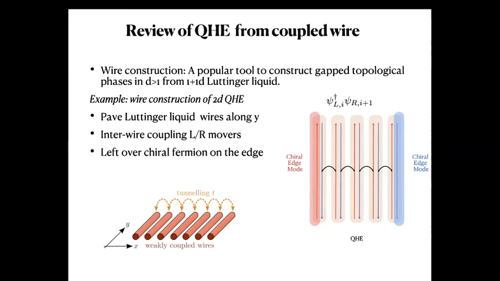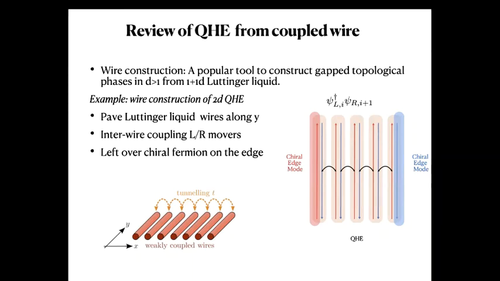So imagine we have a set of Luttinger liquids and we align them along the x direction. For each 1D Luttinger liquid, we can decompose it into left and right moving modes. And all we need to do is, for the left moving mode on the first row and the right moving mode on the second row, we can couple them and introduce backscattering to gap them out. And we do the same in a translation invariant way.